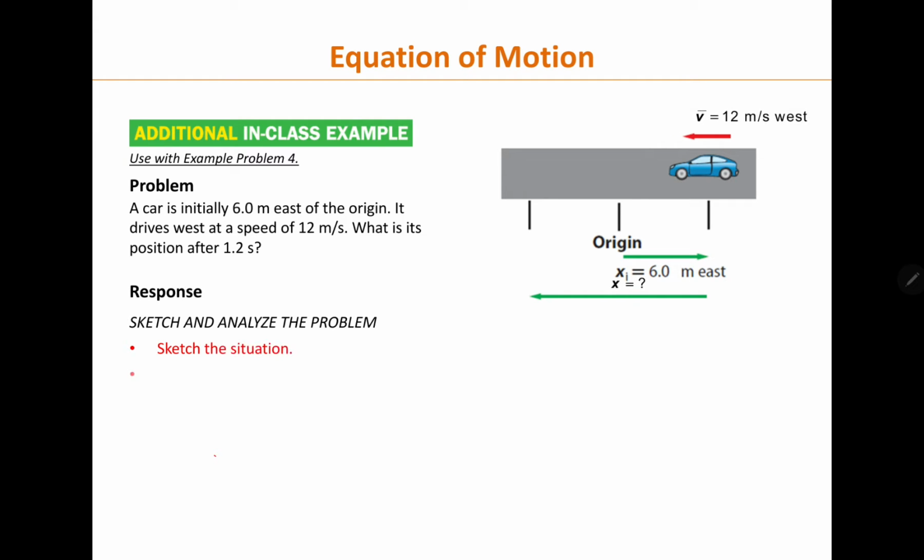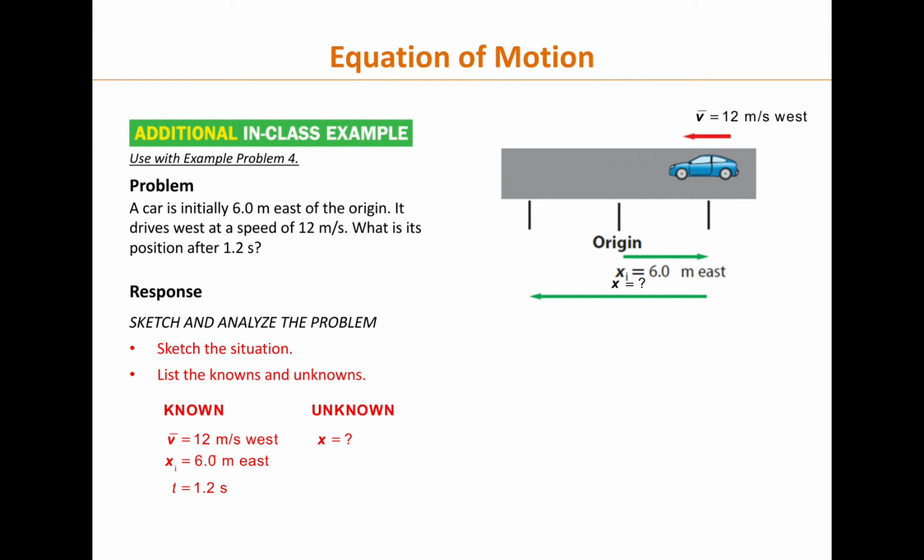So as we learned in the beginning, we should write the known and the unknown from the question. Here we have a car initially 6 meters east. That means the first position for the car, which is x initial, equal to 6 meters east. It drives west at a speed of 12 meters per second, so we have the velocity, 12 meters per second to west.